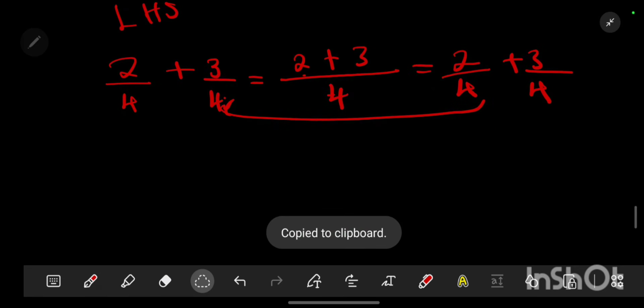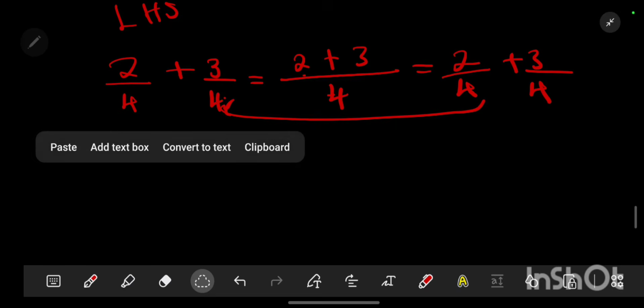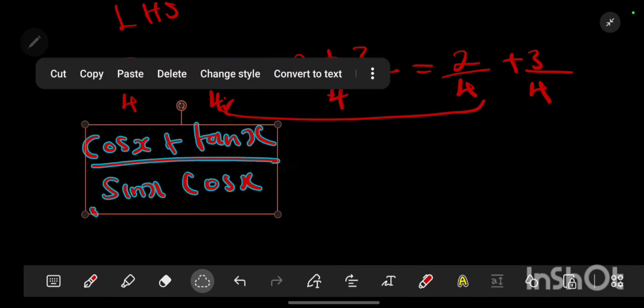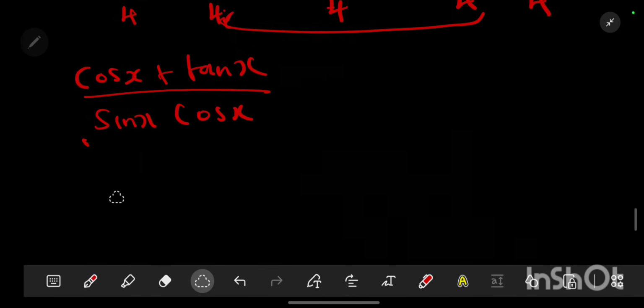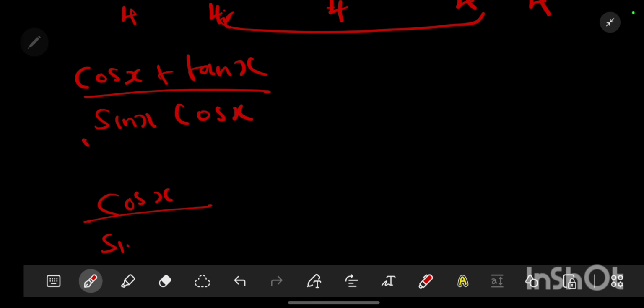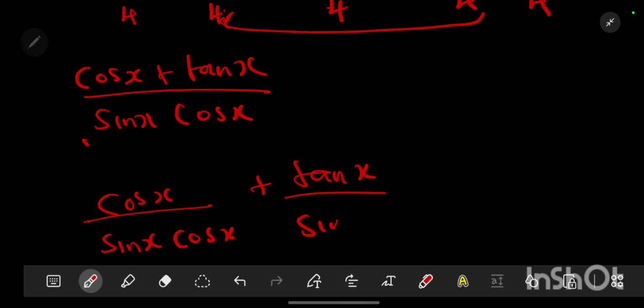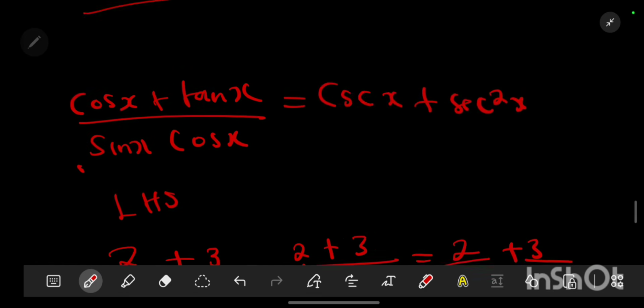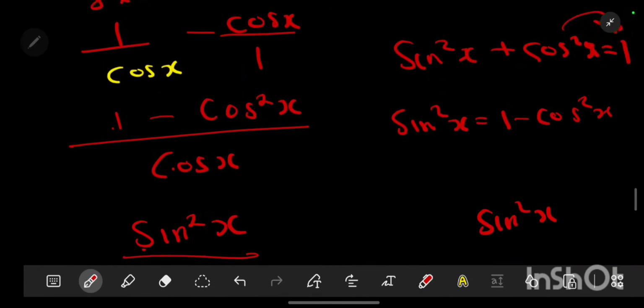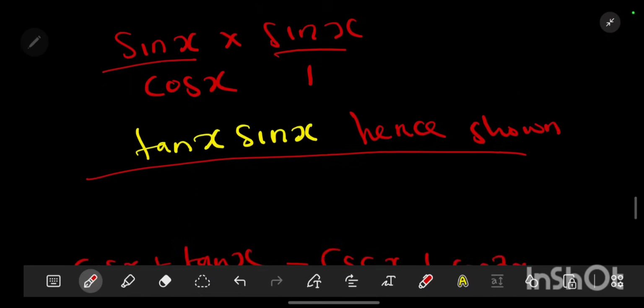So with that said, we are going to say this denominator divides everything. So this is the same as having cos x over sine x cos x plus tan x over sine x cos x. So what answer are we expected to produce?